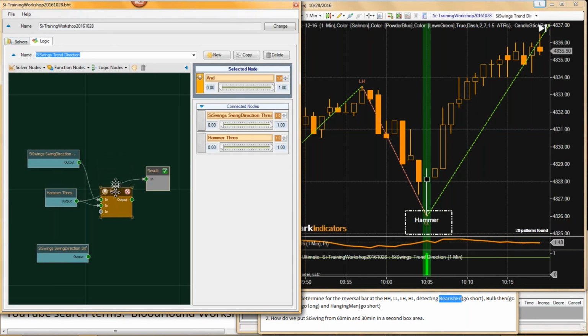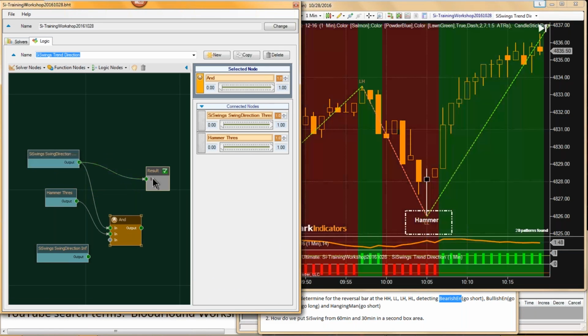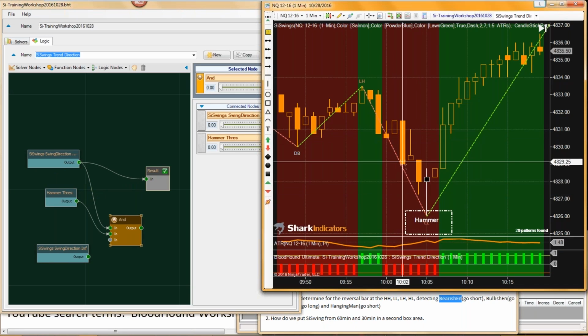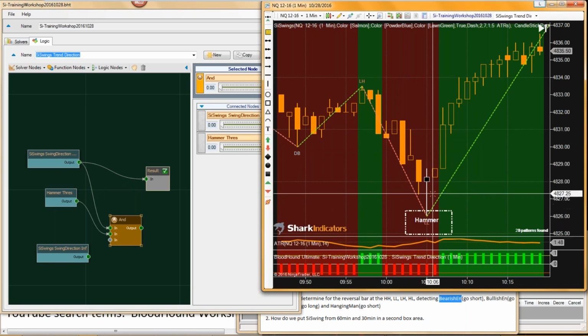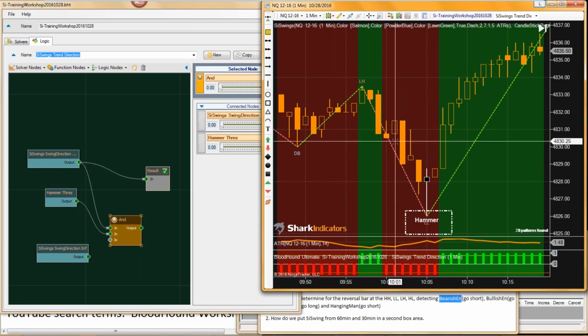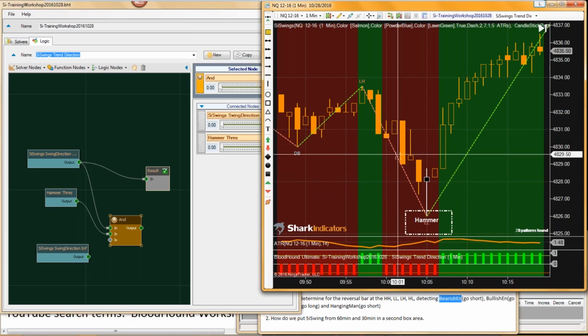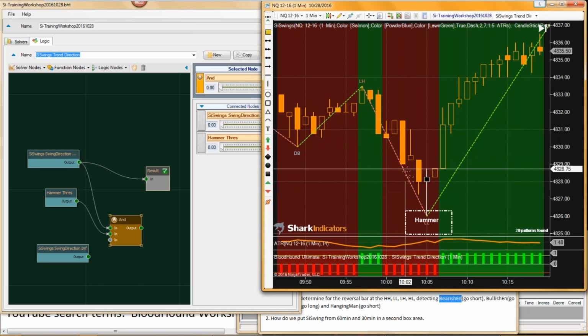So my guess would be, let's take a look at the swing direction, right? So we're in a down swing. If you're looking for a hammer, because a hammer is a reversal pattern, we're going to want the swing direction to be down.